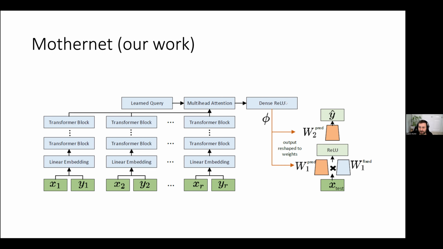So I wanted to get the number of parameters down and make the learning more efficient. The most obvious thing was to do a low rank version where each of the weight layers is combined of what I call the pred part, which is created by the hypernetwork, and the fixed part, which is learned during the meta training.